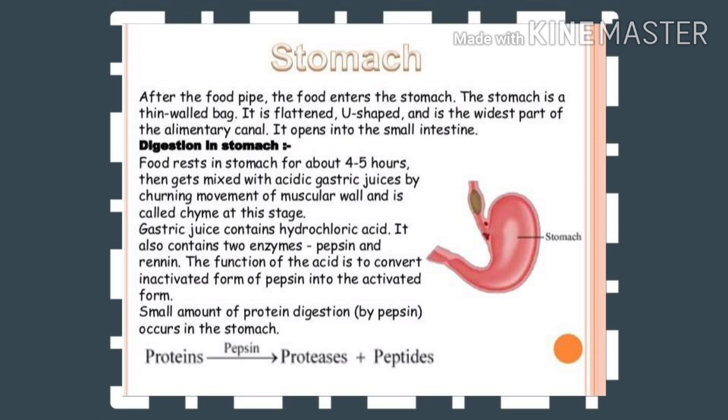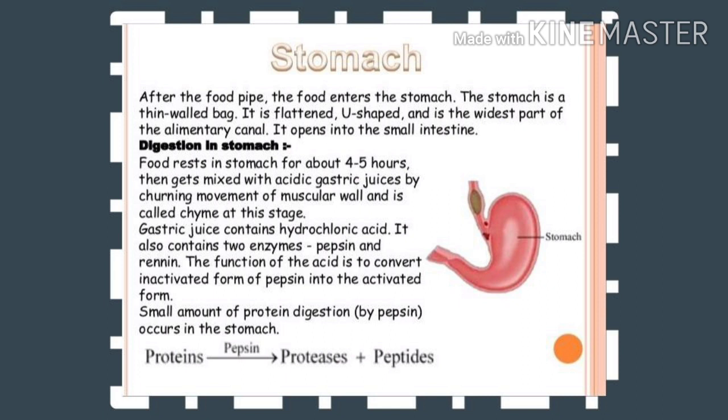Now the pepsin which the stomach releases is inactivated. This hydrochloric acid activates this pepsin and brings it into activated form so that pepsin can act on your food. The protein in your food is digested by this pepsin.